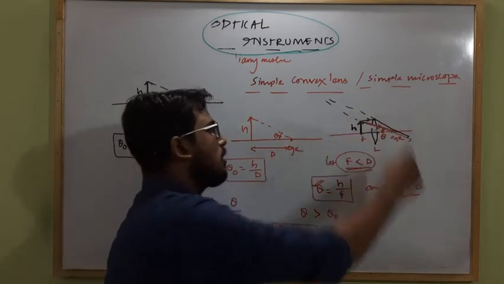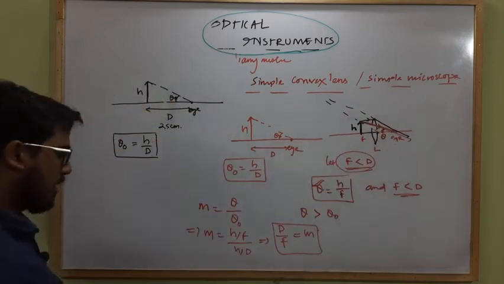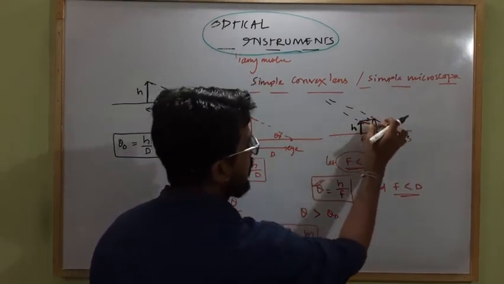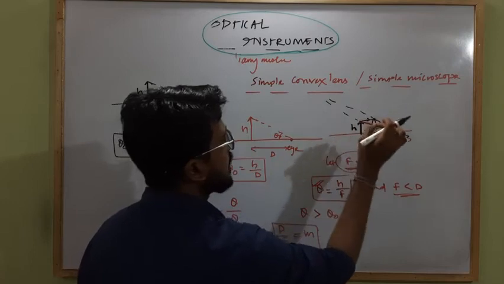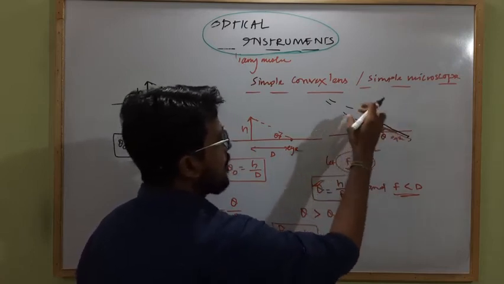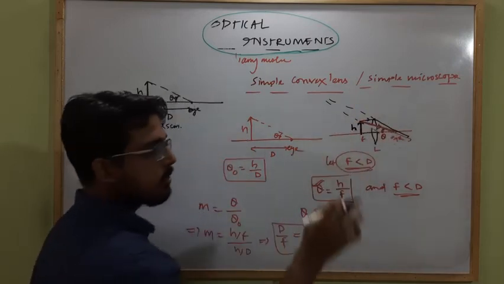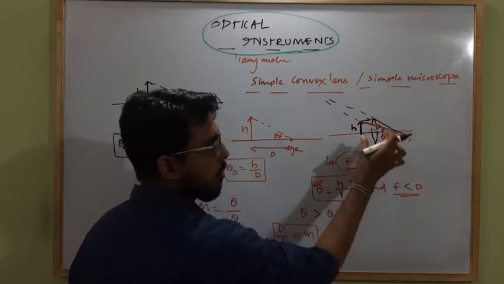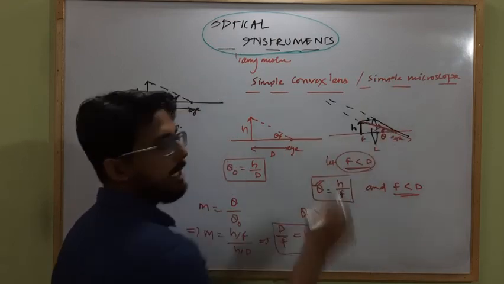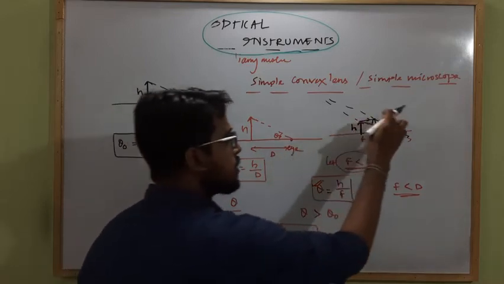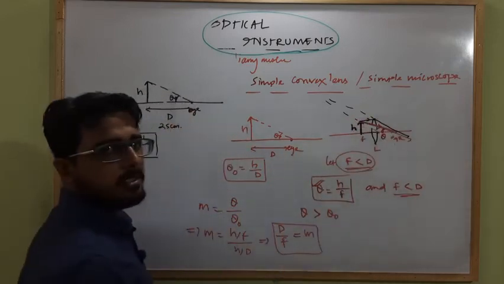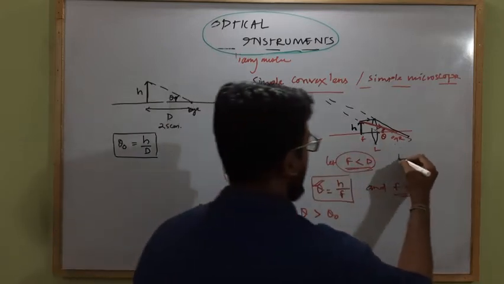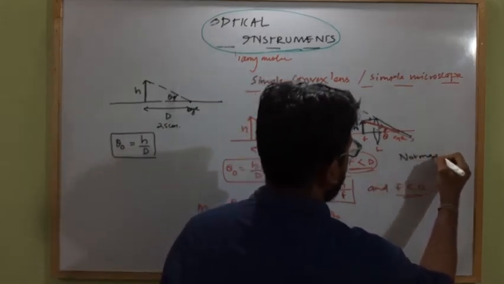This is known as normal adjustment. So when a simple microscope or a simple convex lens is used to magnify the object, the object is placed at the focal length so that the image is formed at infinity, during which the ciliary muscles of the human eye are in a relaxed position. That's why this is known as normal adjustment.